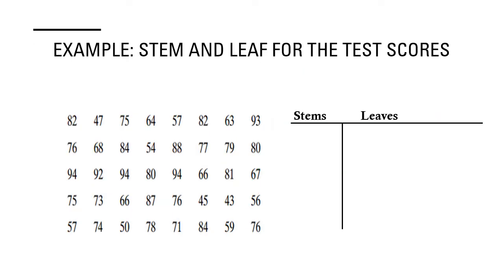Now we're going to organize this data in a stem and leaf plot for the test scores. Now here our stem is the tens digit. Always the stem is the leading digit and the leaf is the other digits. So in our case here it's the ones.